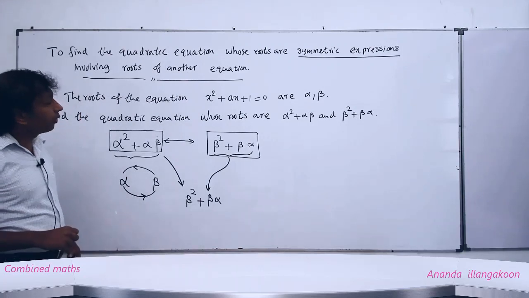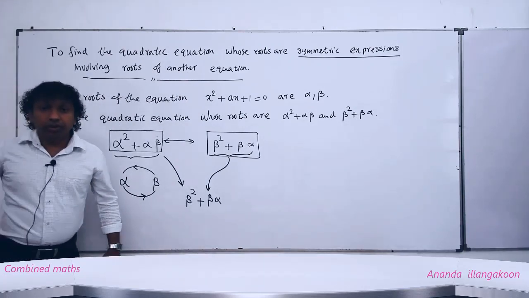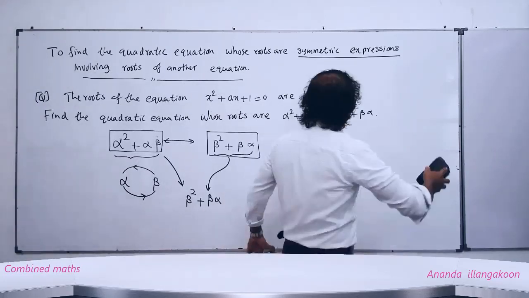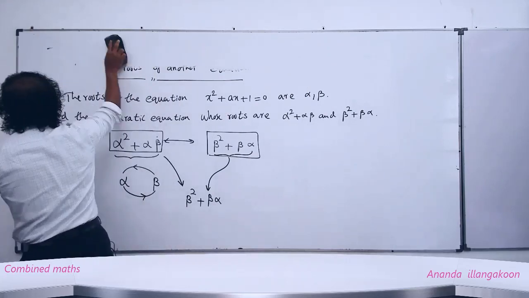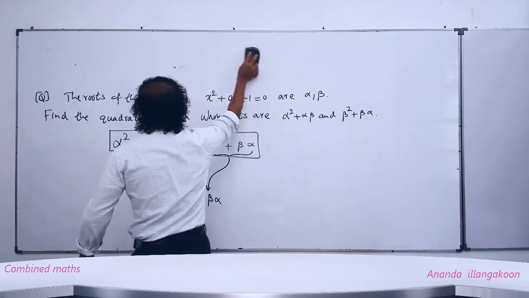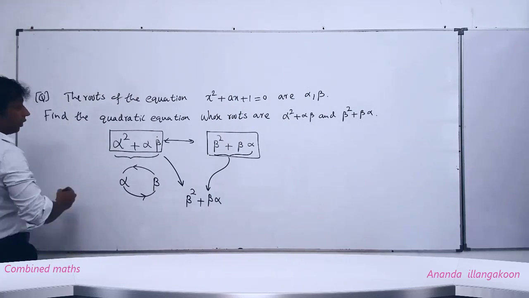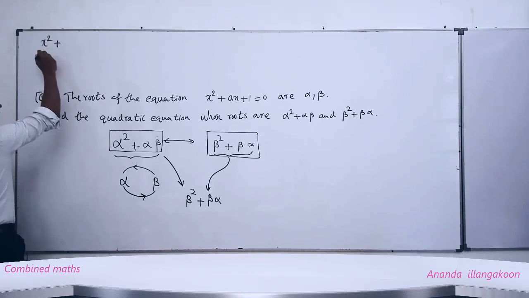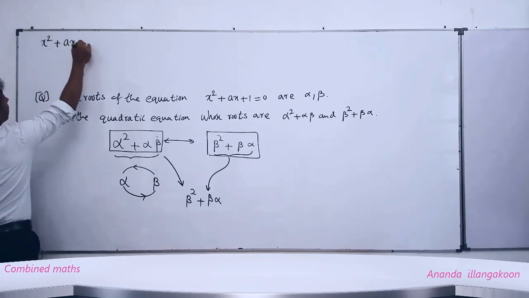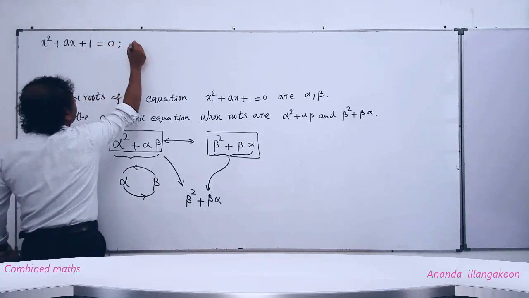So I am going to take the first method to get this answer. See how to use that first method, then let's see how to use the second method. You can very clearly understand the given quadratic equation is x squared plus ax plus 1 equals 0. Its roots are alpha comma beta.